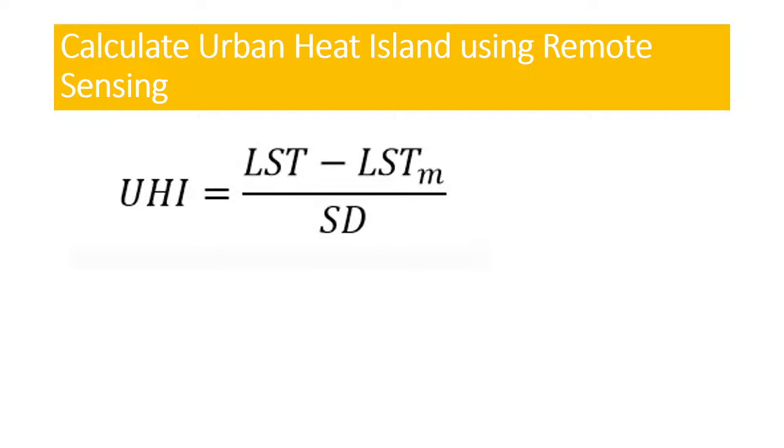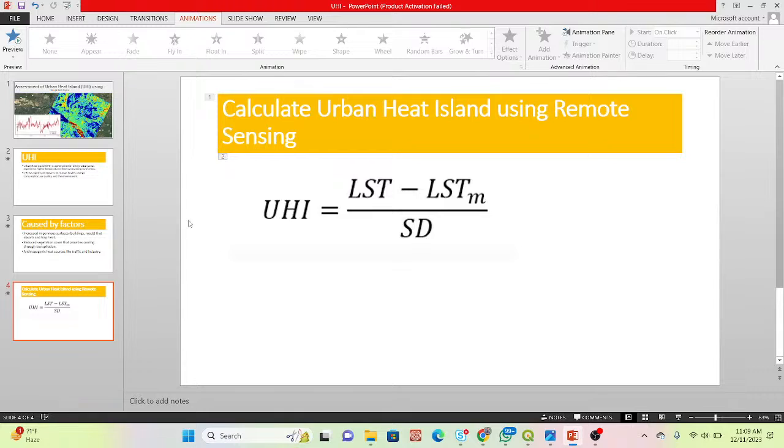So after calculating the LST map, you apply this formula: UHI equals LST minus the mean value of LST, divided by the standard deviation of LST value. Then we can easily get the urban heat island. So let's go about how we can create this using the Google Earth Engine platform.